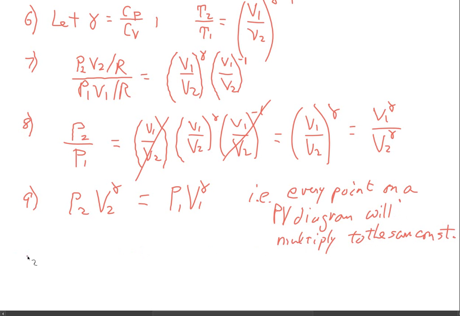In other words, let's see if we can do this again. We're going to have PV to the gamma is equal to some constant. And that means that if we simply rearrange this, P is going to be equal to this constant over V to the gamma, and we remember that gamma is Cp over Cv.